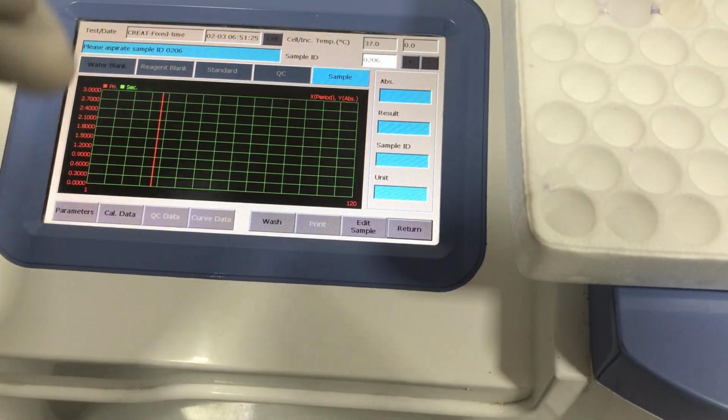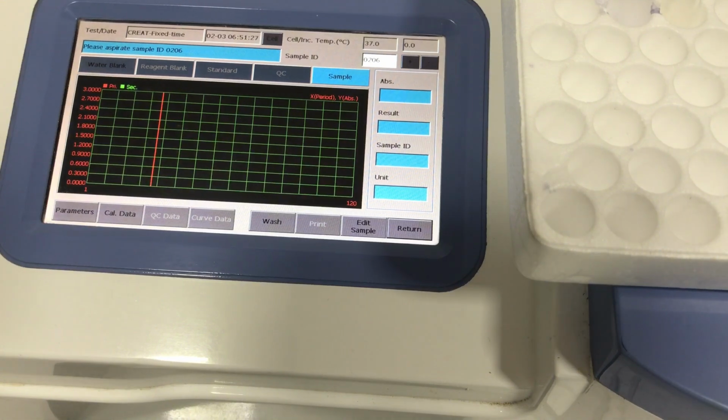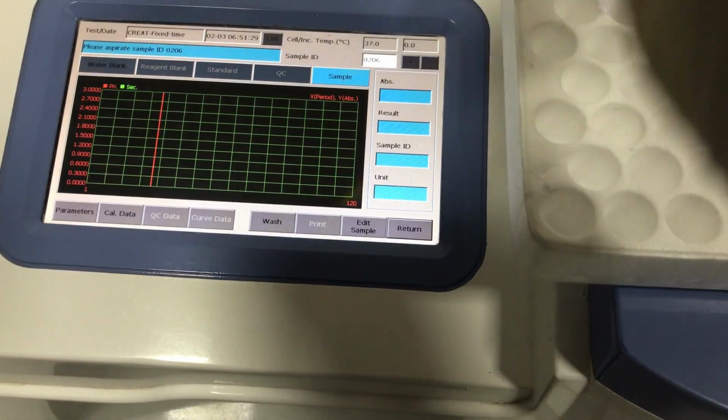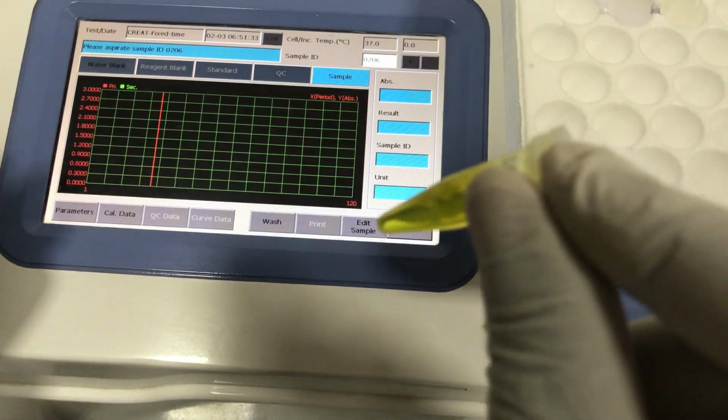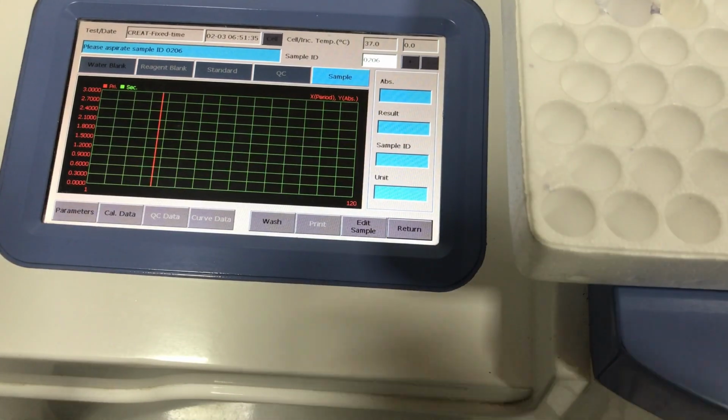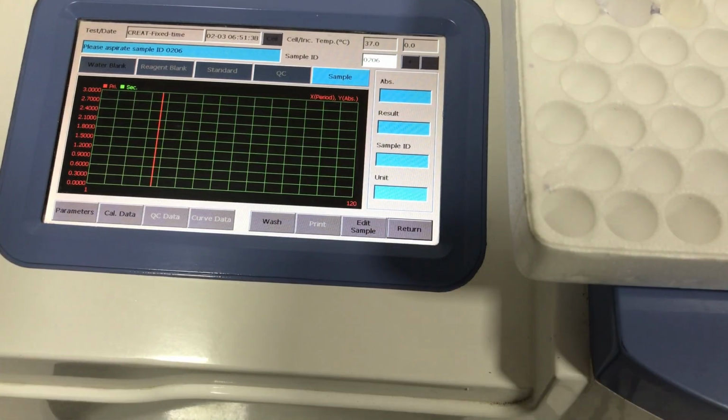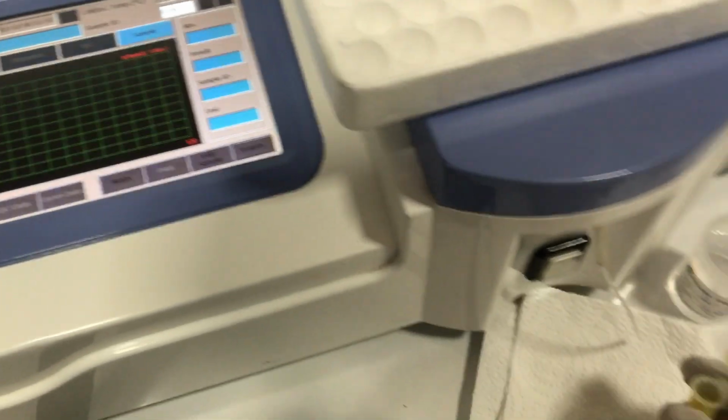Okay, and then you mix. Mind you, this is a semi-auto analyzer, so you don't wait. After mixing, you aspirate. So right after mixing, then we aspirate.